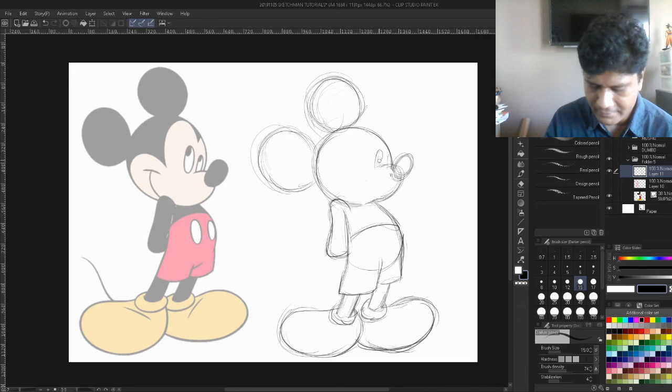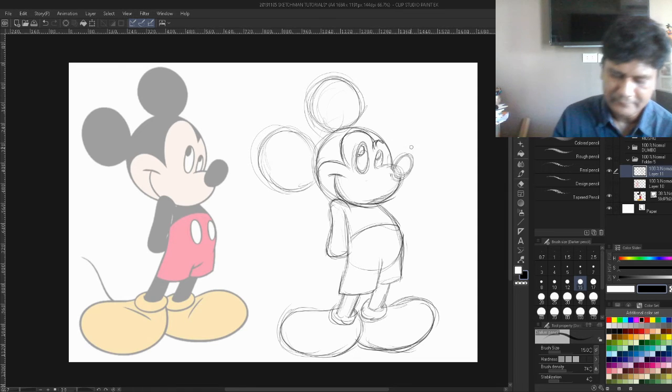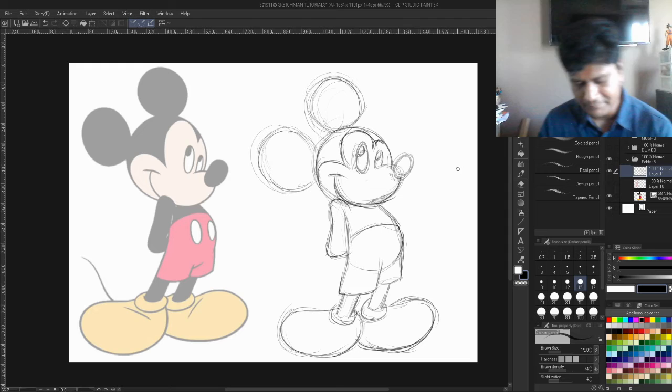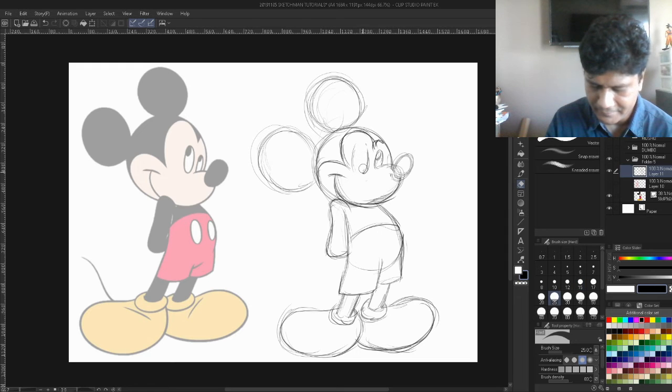So if I add the eye, again there's another perspective principle at play here, which is that the eye closer to us is bigger than the eye that is further away from us. So, okay, I think I drew the eye too big.